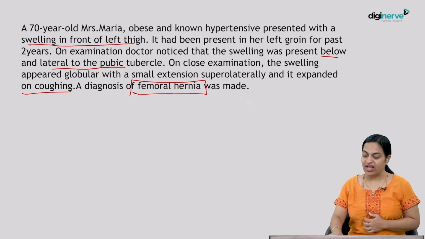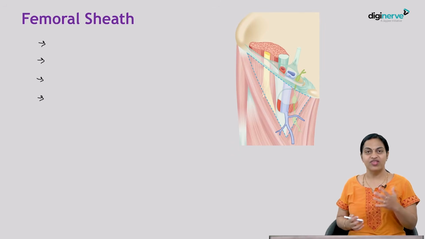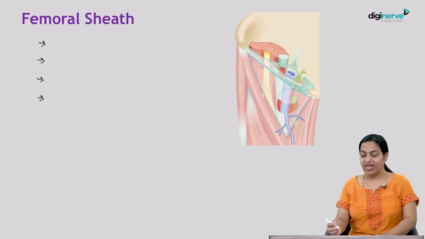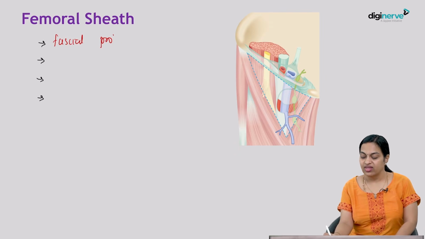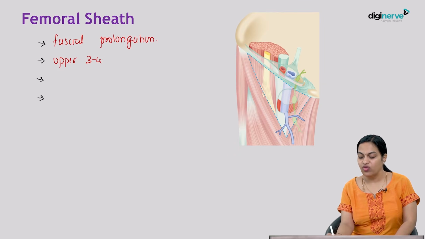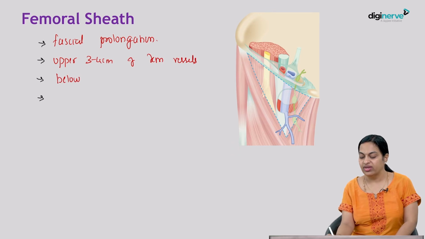Now let us look into the anatomy of it. What is this femoral sheath? It is a fascial prolongation that covers your femoral vessels, the upper 3 to 4 centimeters of the femoral vessels below the inguinal ligament.